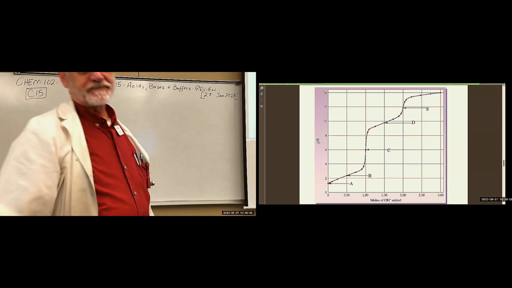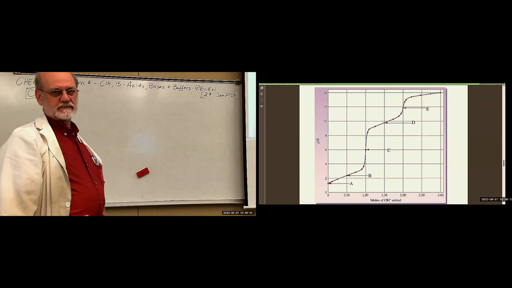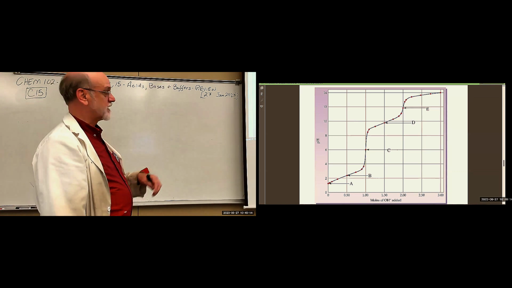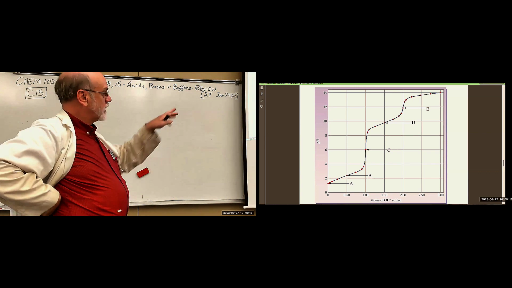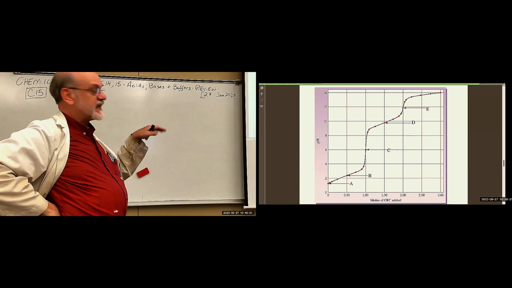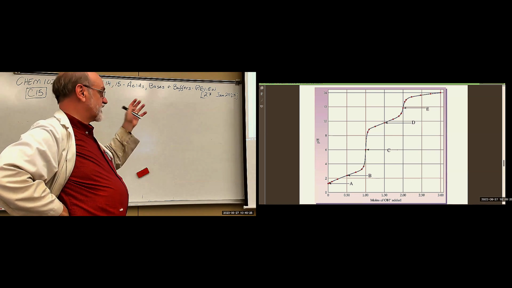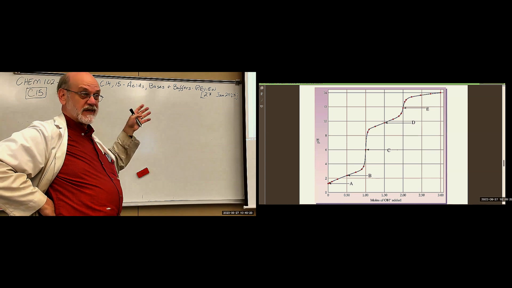Notice this titration curve has how many buffer regions in it? Right? You don't count the top one because that's beyond. So it's got 2 buffer regions, right? One is at B and one is at D. The B buffer region is in the neighborhood of maybe 2.5, 2.3 pH.